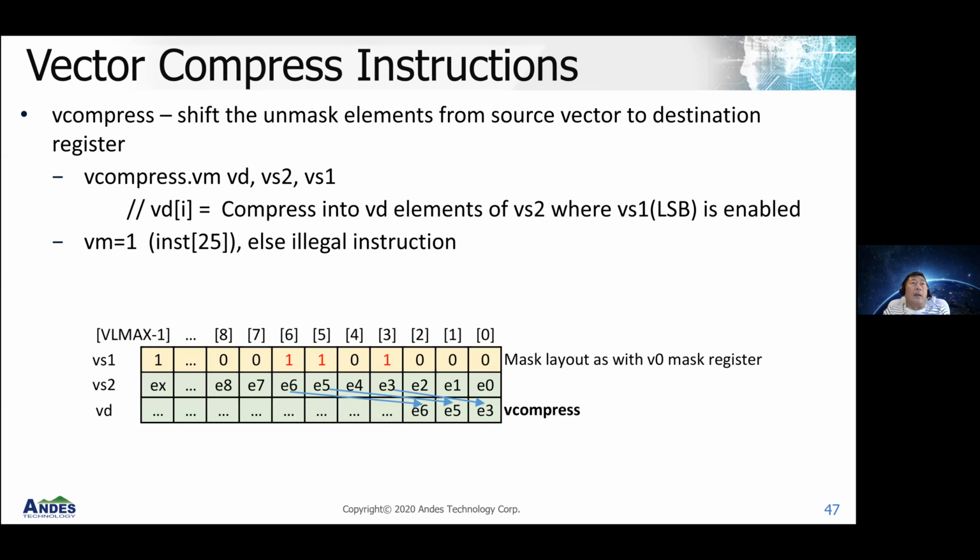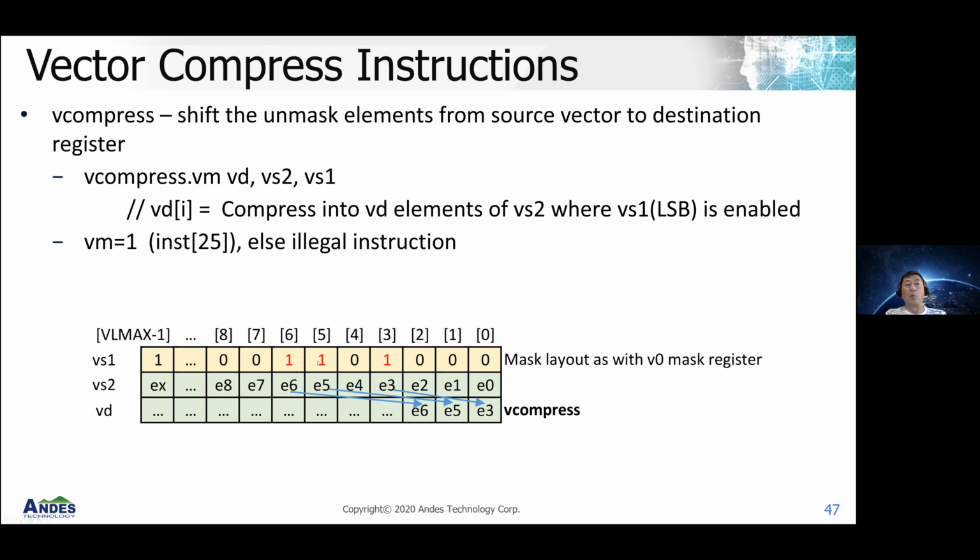Okay, and compress. Compress is basically you have two vectors, VS1, and so if it's a 0, then you ignore the source data. If it's a 1, then you take the source operand element and you shift it into the first position of the destination.